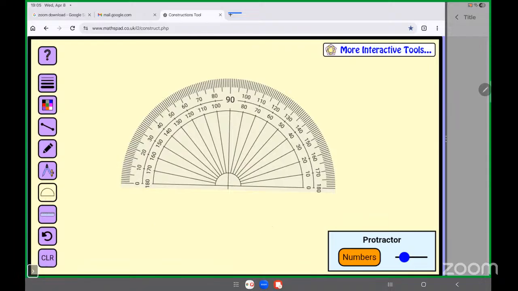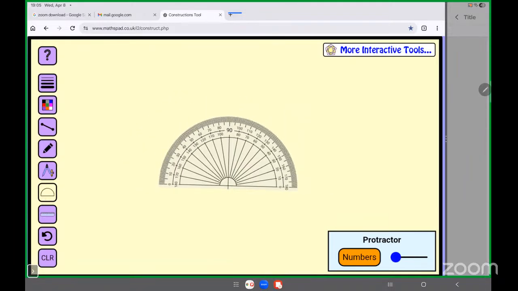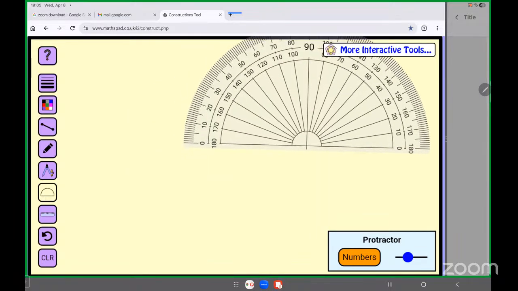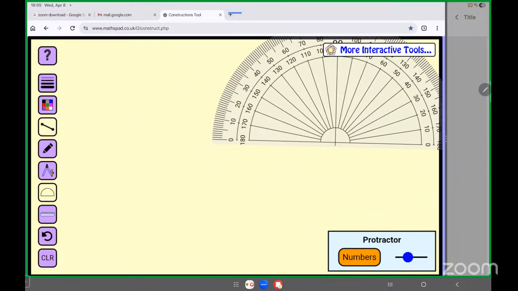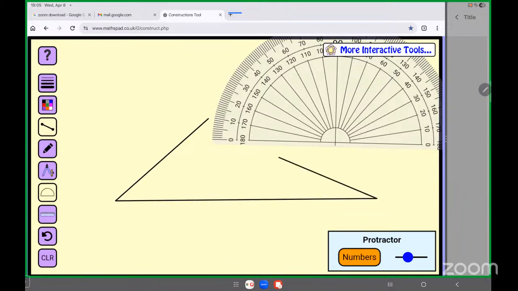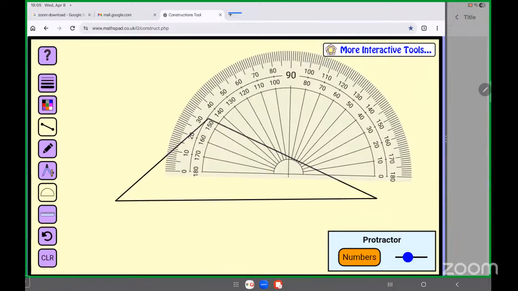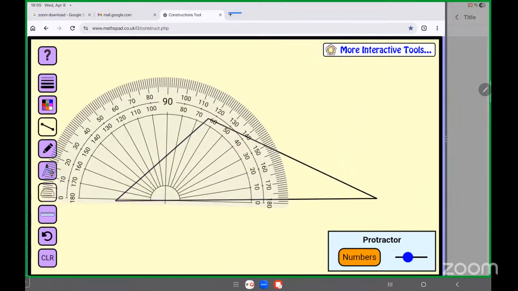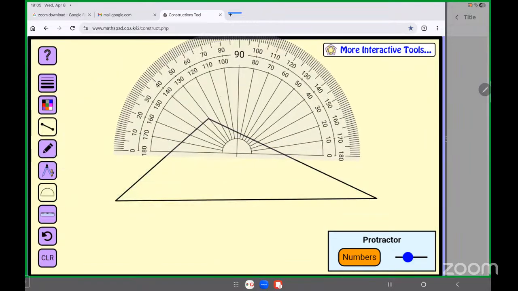So let's say I'm going to draw a triangle, and we're going to measure those 3 angles. This one down here is the first.